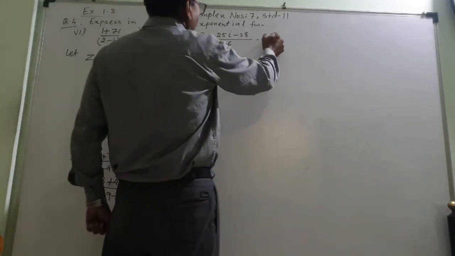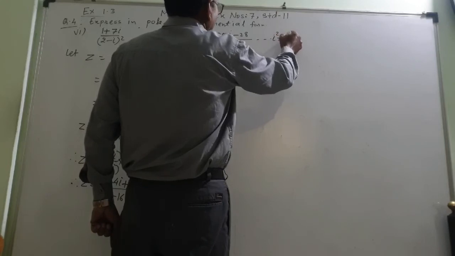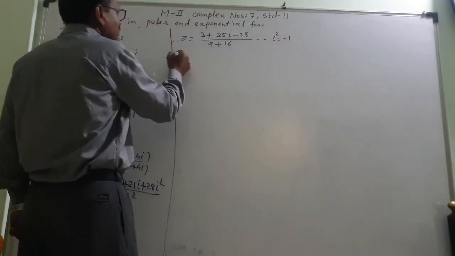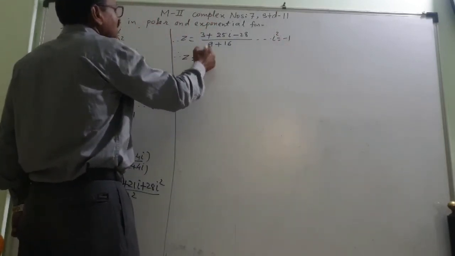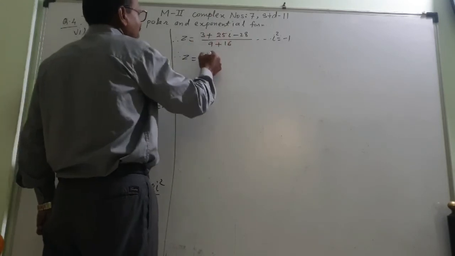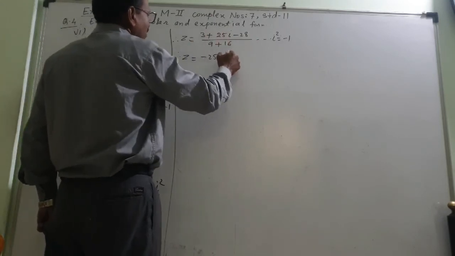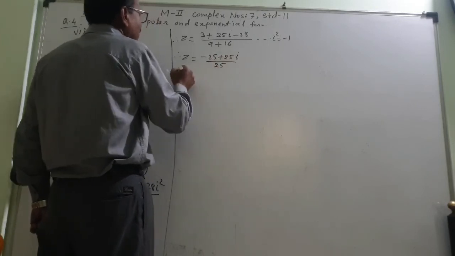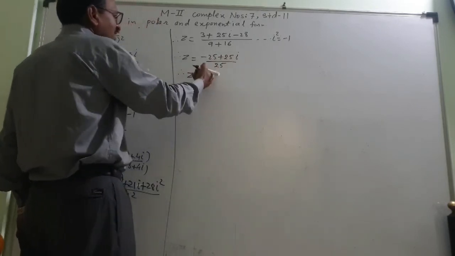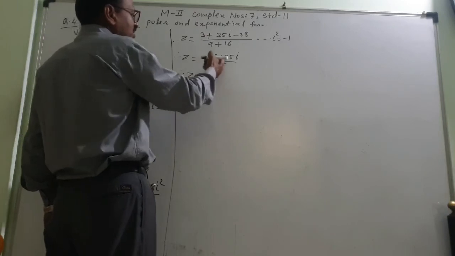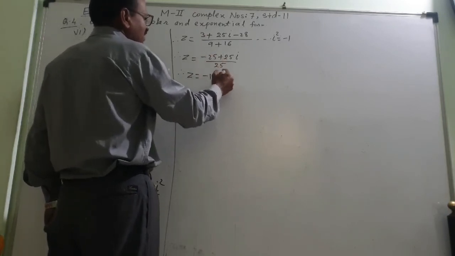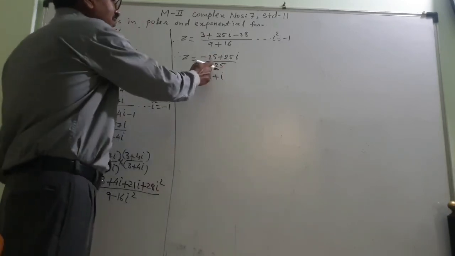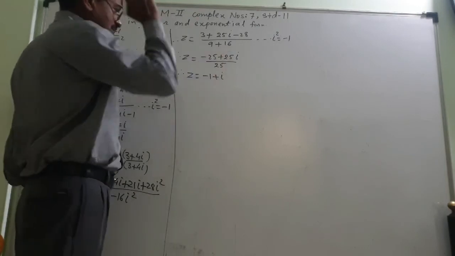So here I will give the reason: i square equal to minus 1. Therefore Z is equal to, this and this will be minus 25 plus 25i upon 25. Therefore Z is equal to, if I give this denominator to each, it will be minus 1 plus i, dividing by 25 to this, 25 to this.